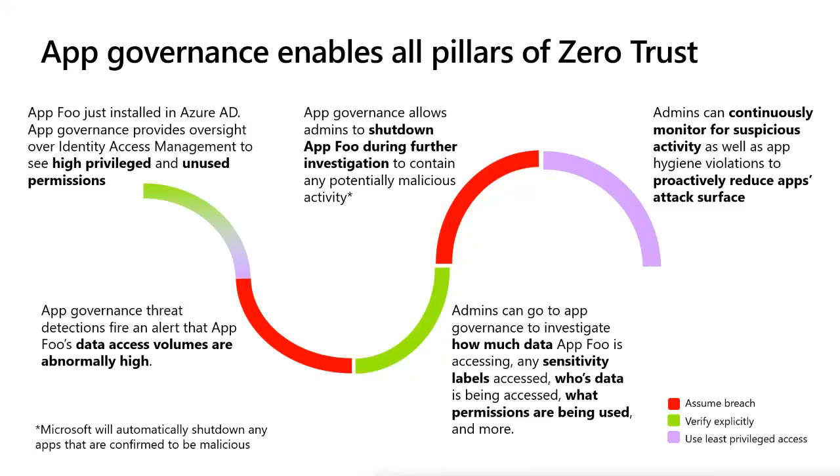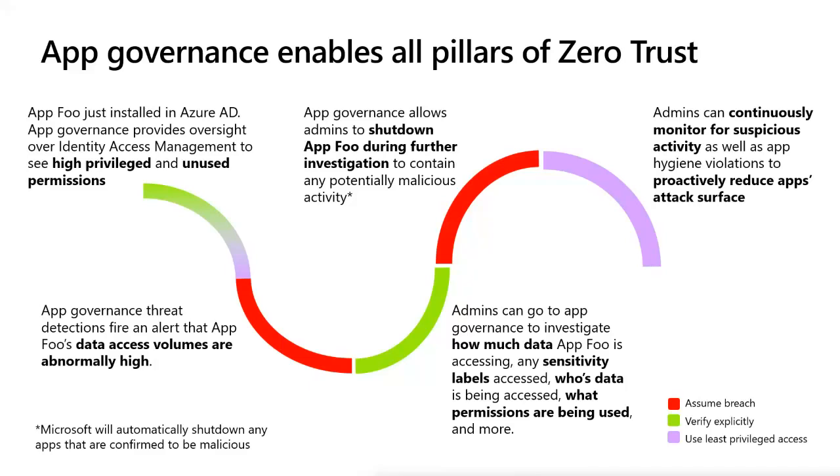Next step, admins can go to app governance to investigate a lot of granular detail about an app, such as how much data app.foo is accessing, any sensitivity labels accessed, whose data is being accessed, what permissions are being used, and more, which I can show you in our demo shortly. And this maps to verify explicitly.